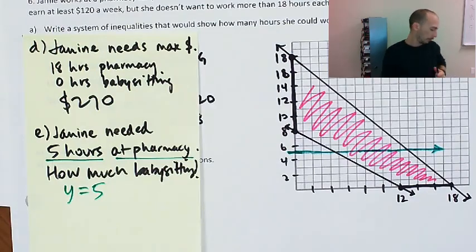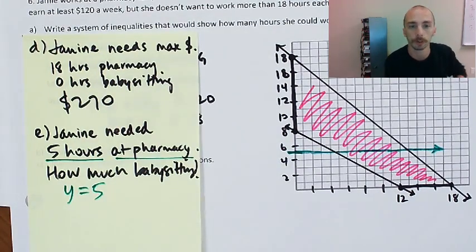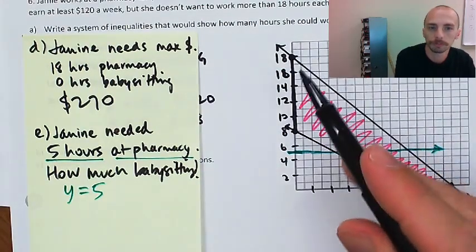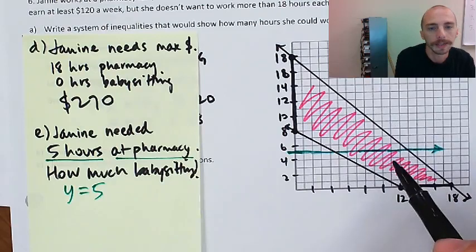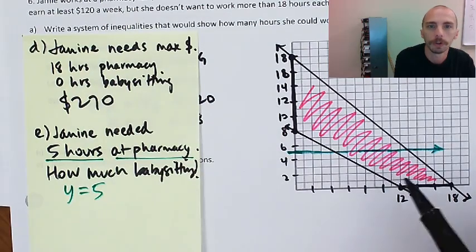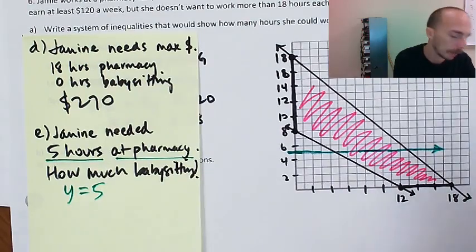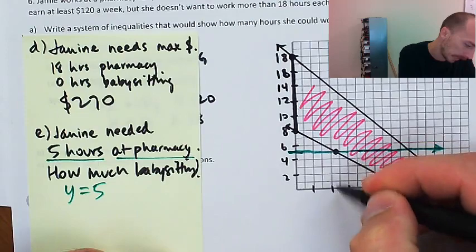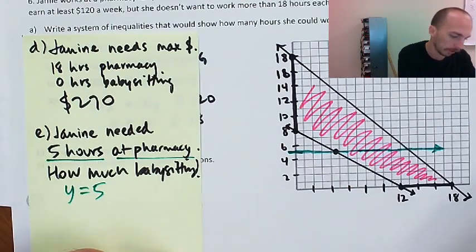So what's the minimum number of hours I can work at babysitting while still earning my $120? Well, this whole region, this quadrangle here, is all of the combinations that are at least $120 and no more than 18 hours. So I think it's going to be this one. It's going to represent the x-coordinate of this intersection.